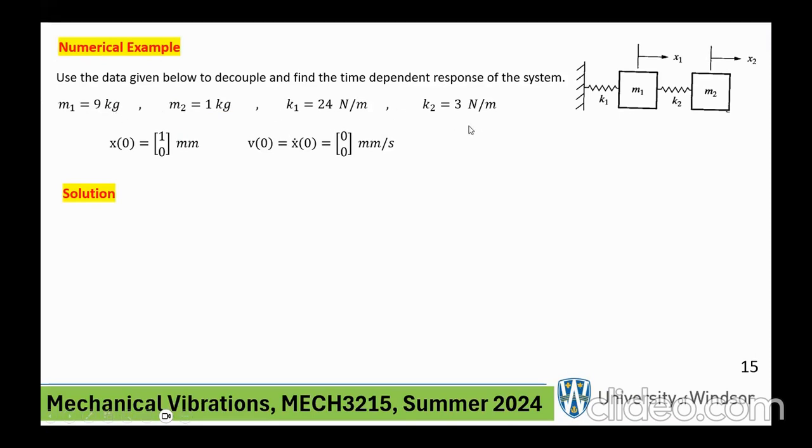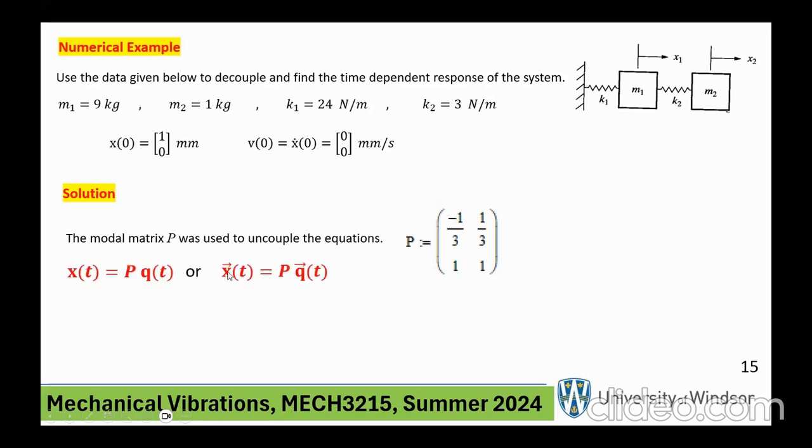Okay, it's just that we now have initial conditions for which we want to solve the resulting equation of motion. Let me remind you that the modal matrix came out to be this 2 by 2 matrix. The first column was the mode shape associated with 2 rad per second, and the second column was the mode shape associated with the frequency of root 2 rad per second. We have already done this.